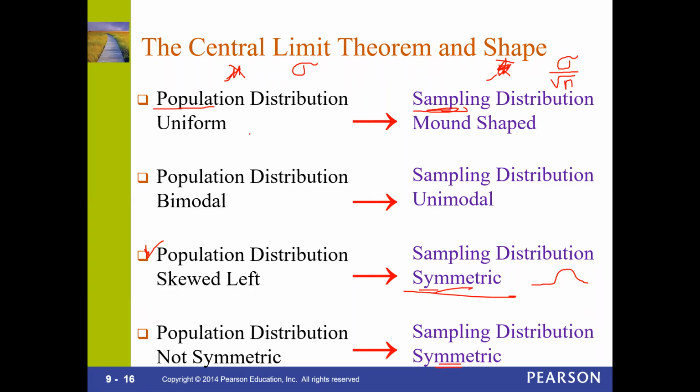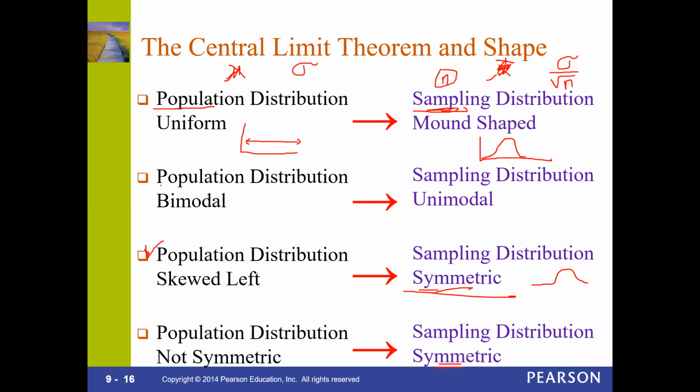A distribution that is uniform is like a straight line. But if you're given a sample size n, and it is large enough, then the shape becomes a mound shape, just like this.